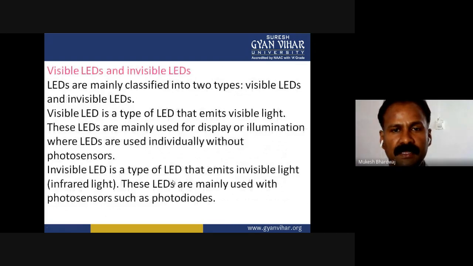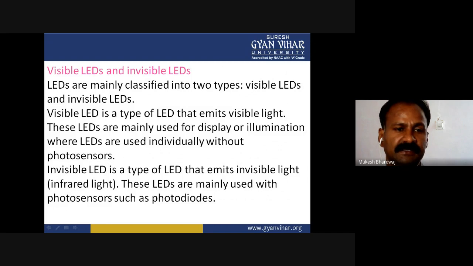Visible LEDs and invisible LEDs. LEDs are mainly classified into two types, visible LEDs and invisible LEDs. Visible LEDs are a type of LED that emit visible light.